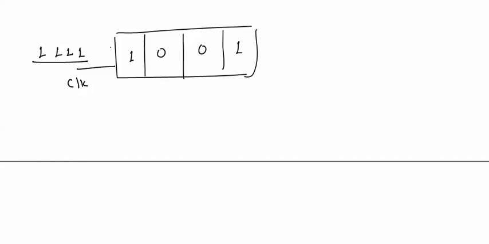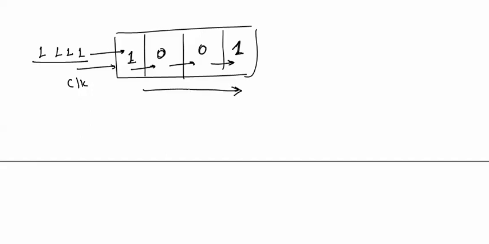Now when clock is applied to the flip-flops in the shift register, then after each clock pulse, one bit will enter here and other bits will be shifted further. After every clock pulse, every bit in the shift register will be shifted one position right.